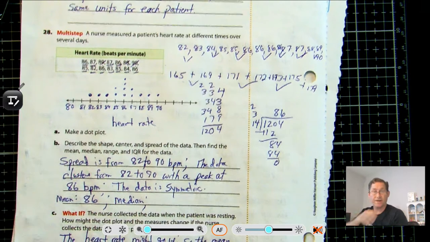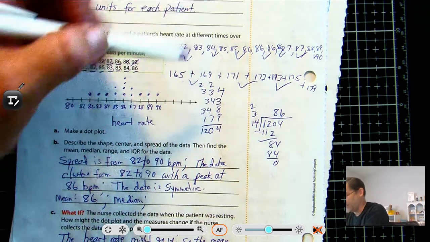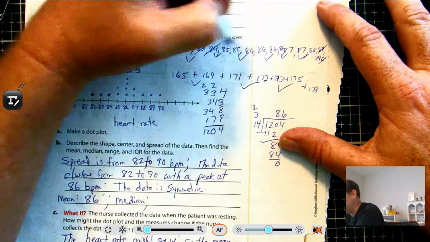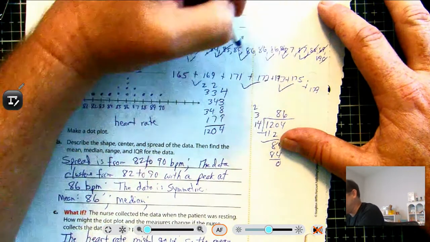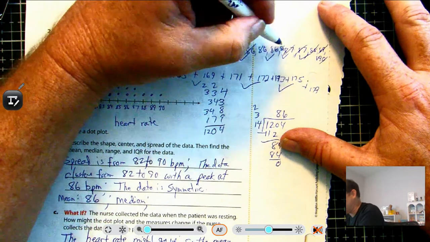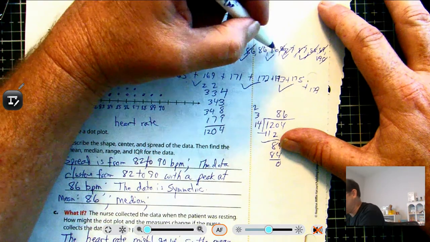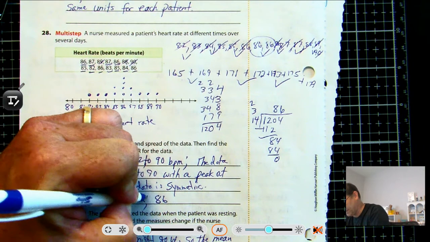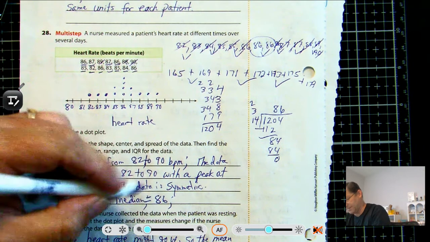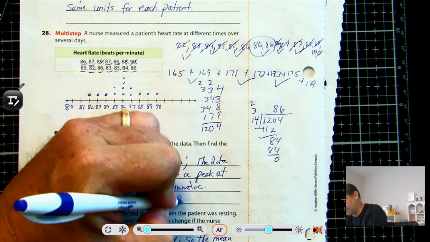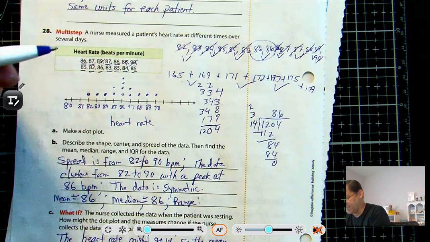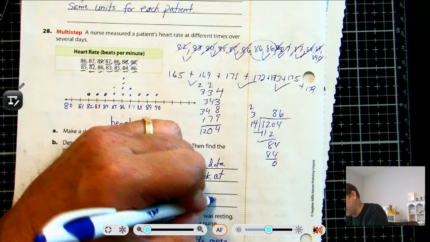So the mean of the heart rate is 86. The median, cross off from the ends until we find the middle value. Okay, so we're left with two 86s in the middle, so the median is 86. The range is 90 minus 82, so 8.